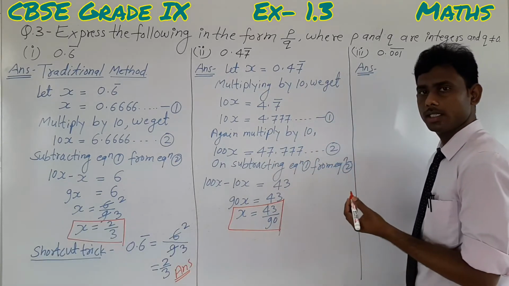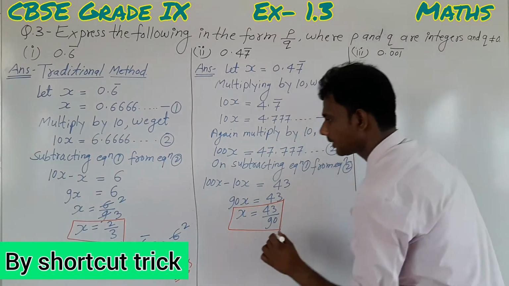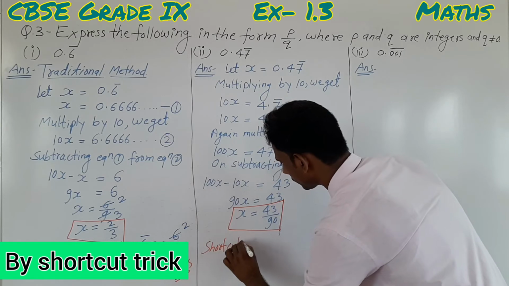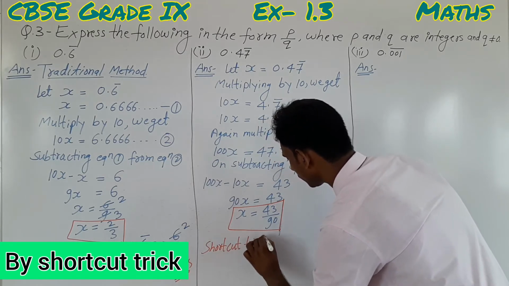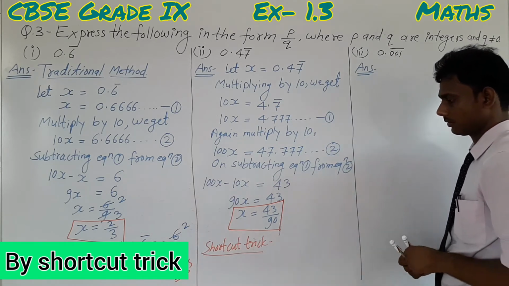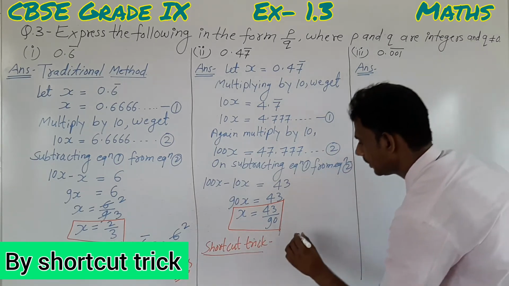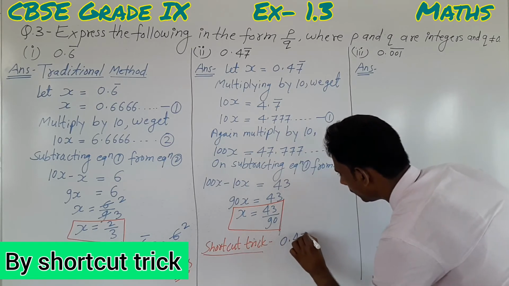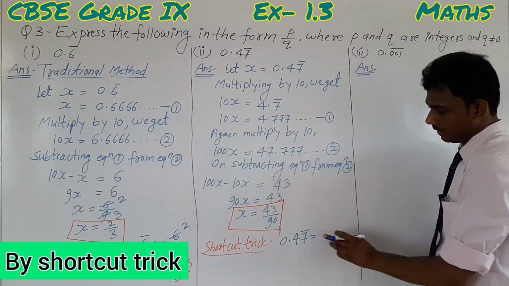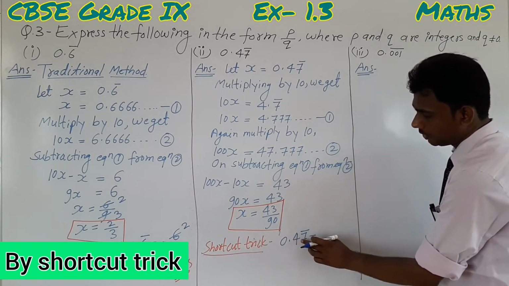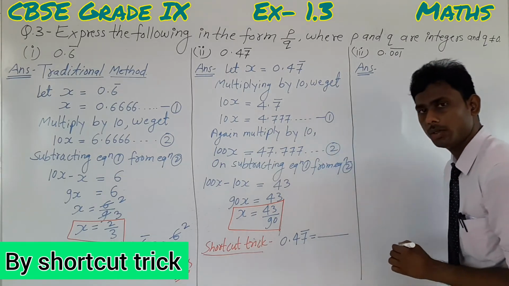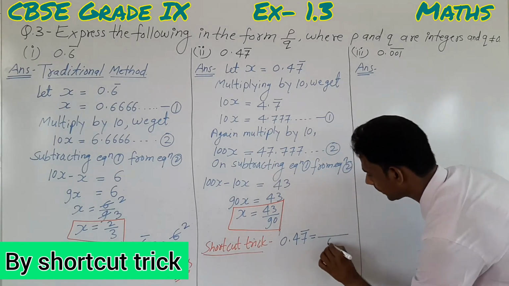Now we have to solve this question by the shortcut trick. The number is 0.47 bar. Here only one digit is recurring, so in the denominator you write 9 for one recurring digit.